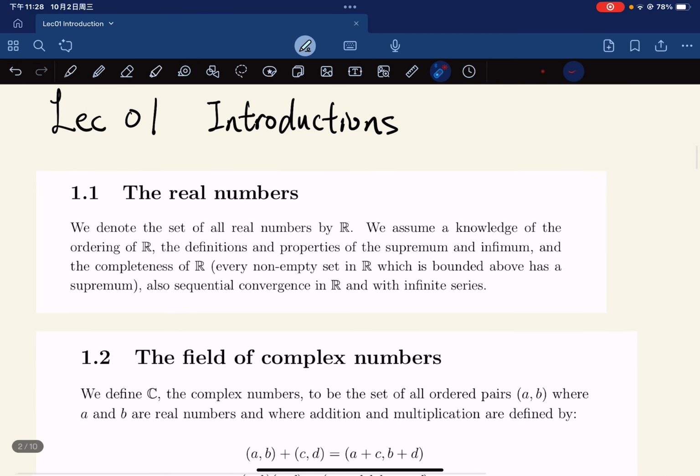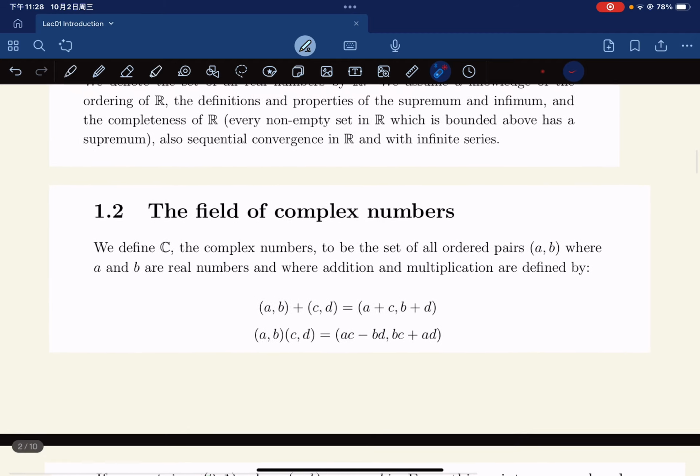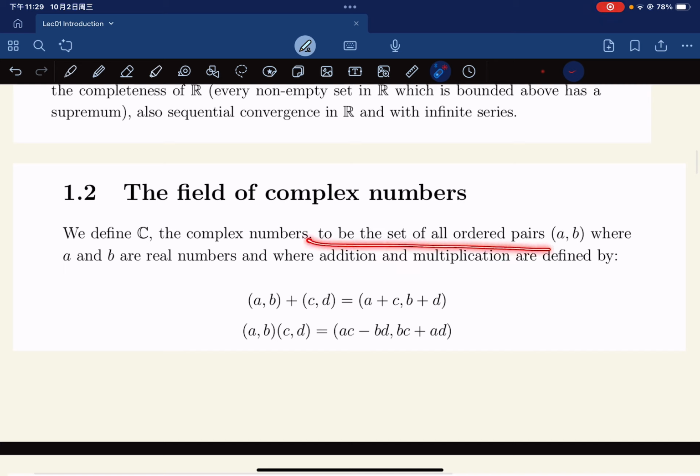So we denote the set of all real numbers by R, and we assume a knowledge of the ordering of R, the definitions and properties of supremum, infimum, completeness, sequential convergence, and infinite series. For the field of complex numbers, we define it to be the set of all ordered pairs (a, b), where a and b are real numbers, so C is basically the same as R squared.